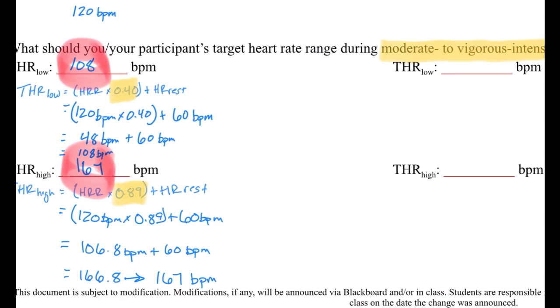If it was lower than 108, I would be exercising in the light intensity range. If I was exercising above 167 beats per minute, that would be above the vigorous intensity range. So in this example, my target heart rate range for moderate to vigorous intensity exercise is between 108 and 167 beats per minute.